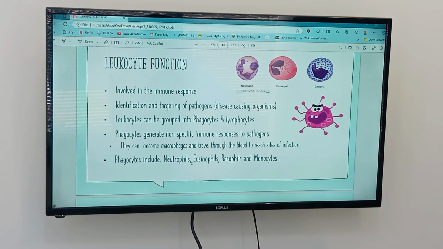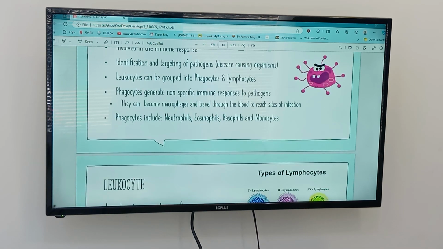They can become macrophages, travel through the blood, and reach the site of infection. Phagocytes, as I said before, include neutrophil, eosinophil, basophil, and monocyte. We can go through their functions.